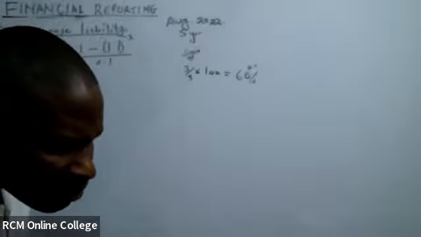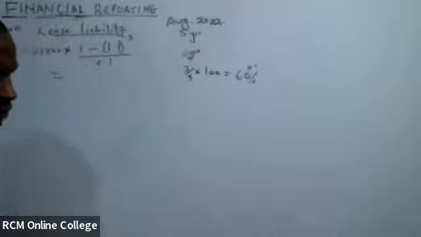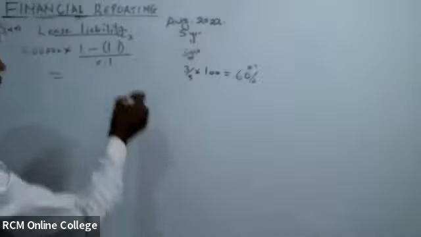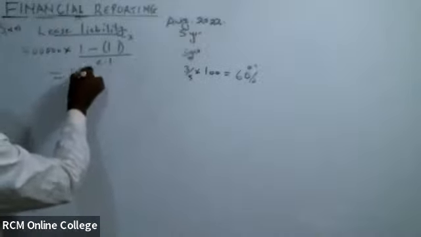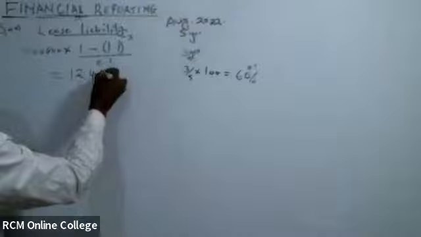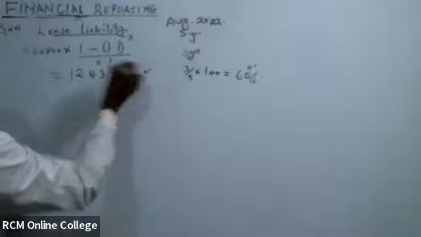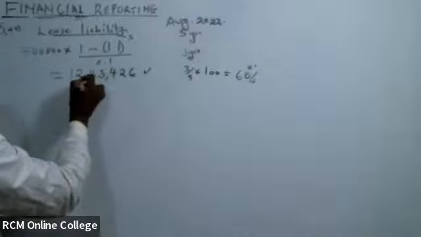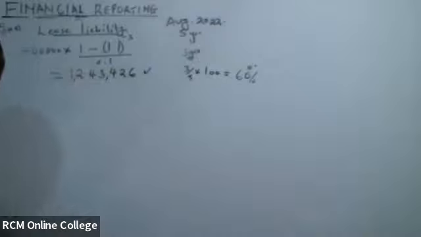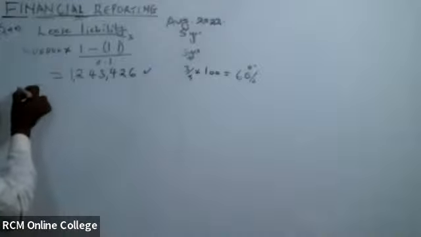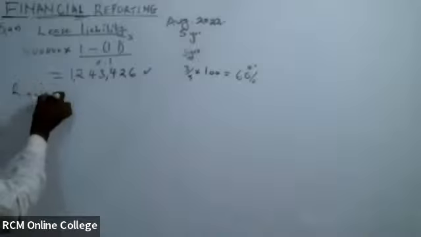Of 43,426, that is the lease liability. Now, I want us to use that to get the right of use asset.